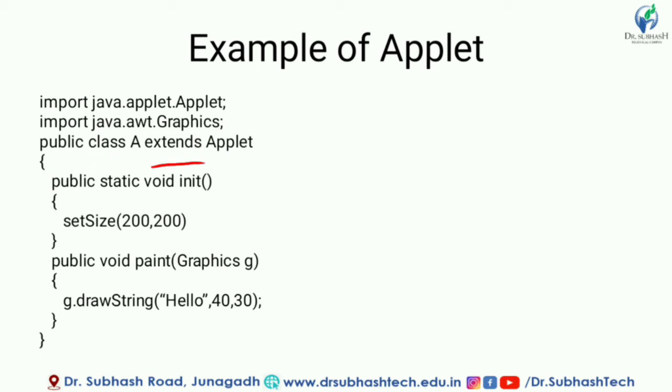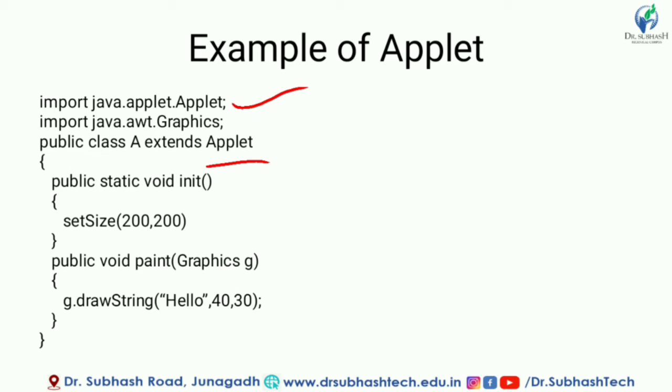Inside the applet, you can see the two methods I have implemented, init and paint. And Graphics is the object taken by the paint method. I have implemented two methods only because two methods are required here. For this Applet class, I have to import one package, import java.applet.Applet, right?